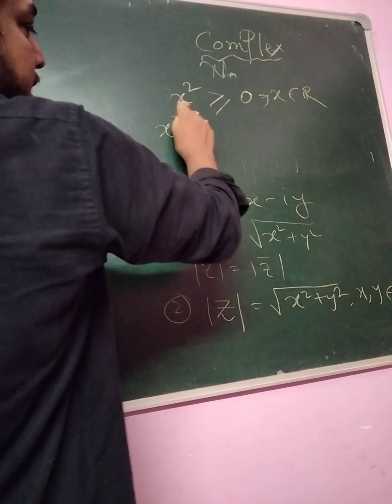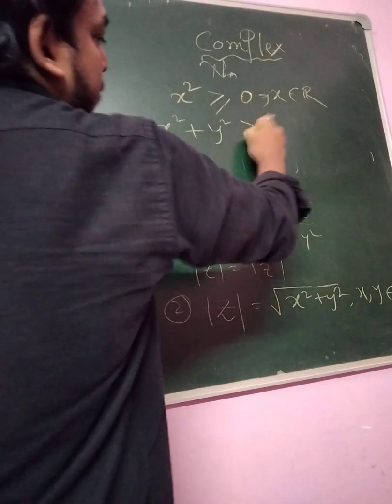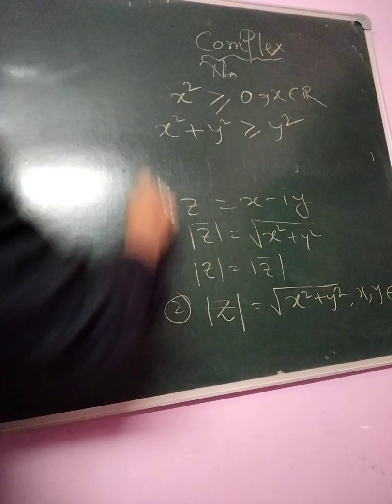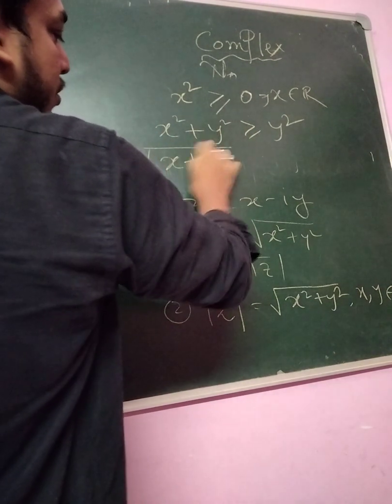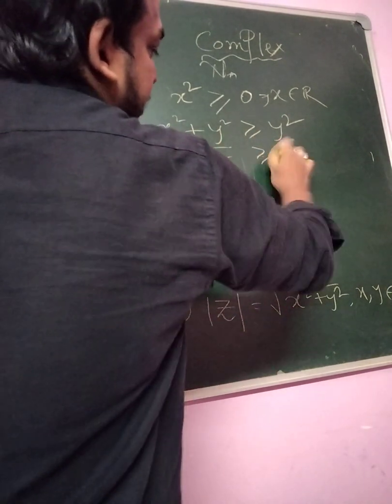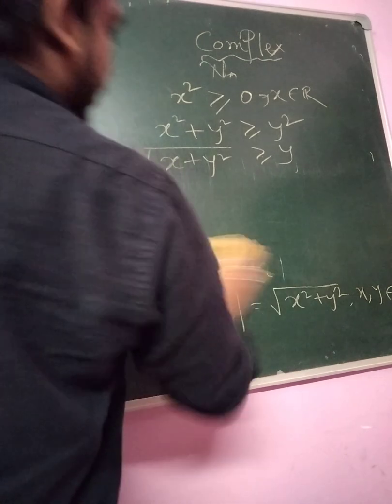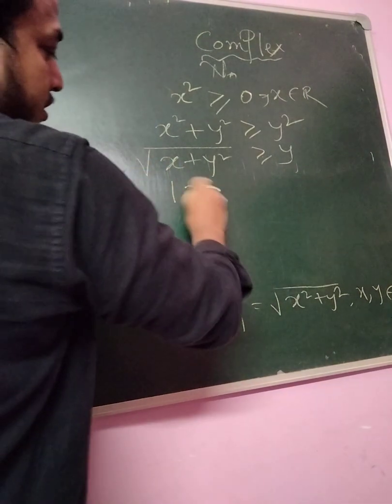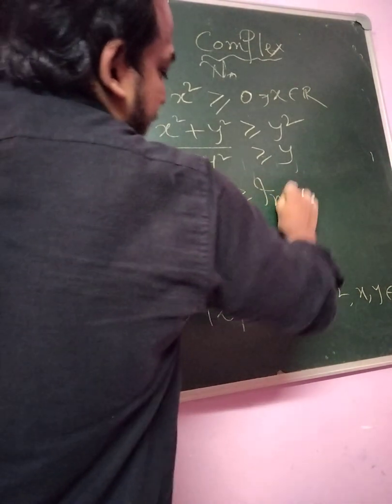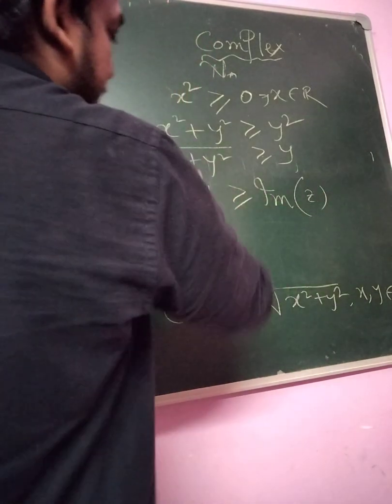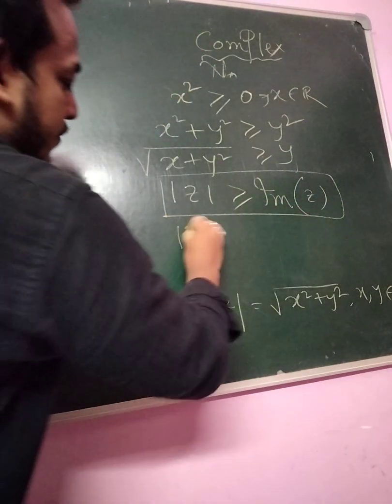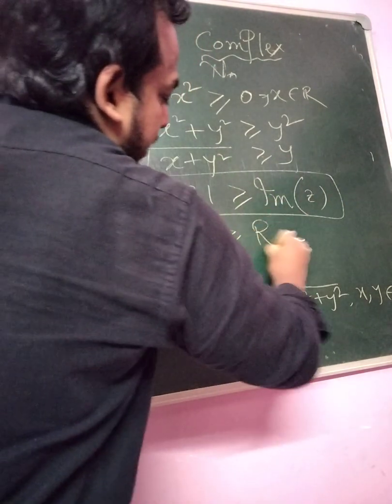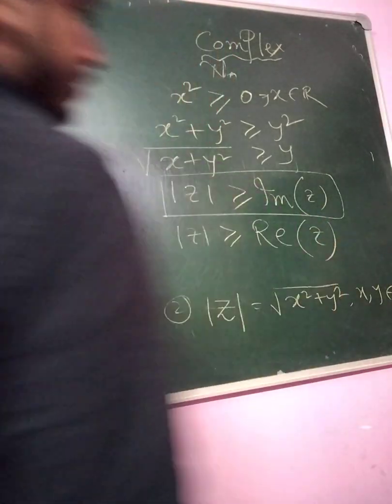Now if we add y square on both sides, then we get this. Now if we take the square root, we get y. So basically this is mod z. So mod z is greater or equal to y, and y is the imaginary part of z. Similarly, you can prove that mod z is greater or equal to the real part of z.